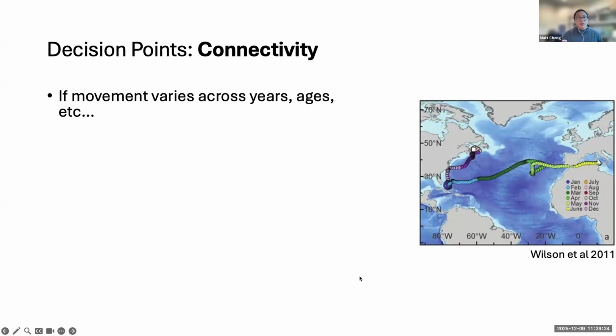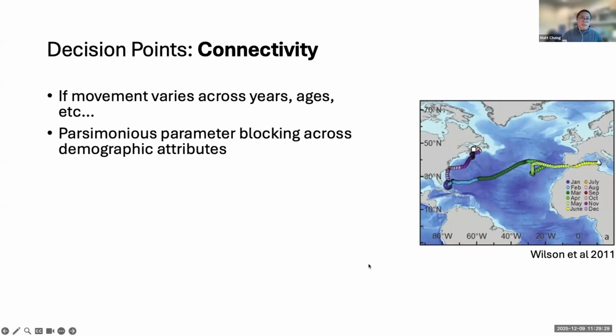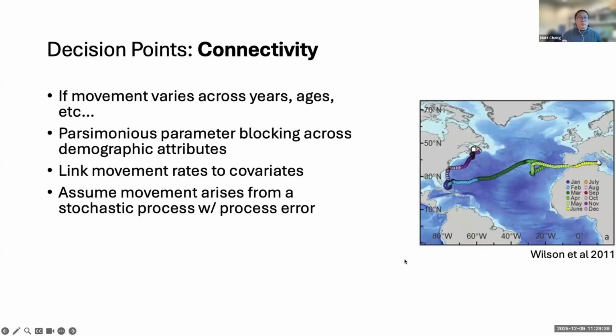So if movement varies across these population partitions, some assessments also do parameter blocking across these attributes. We might also link movement rates to covariates, or also assume movement arises from some sort of stochastic process as well, so something like an IID or a 1D AR1 correlation.